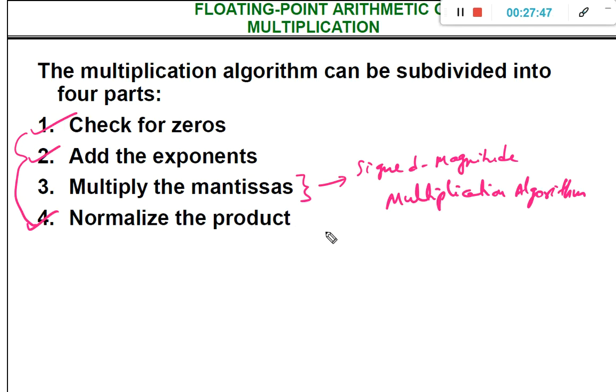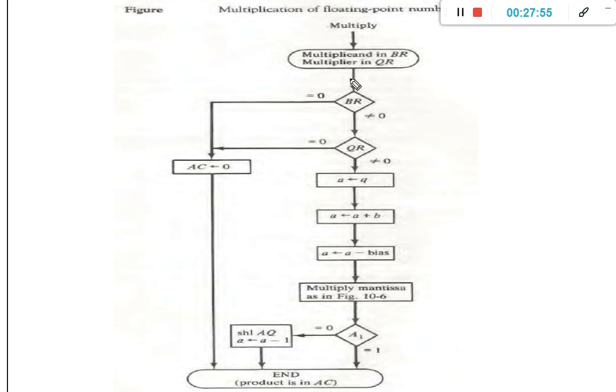Okay, so let us see the flow chart for performing the multiplication operation and how to do these three steps. Initially the multiplicand will be in the BR register and the multiplier will be in the QR register, as in the signed magnitude multiplication algorithm.